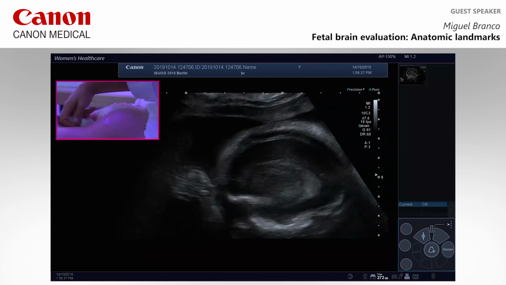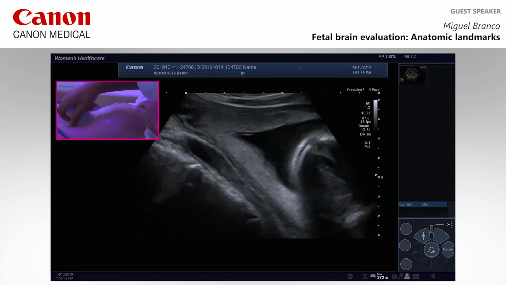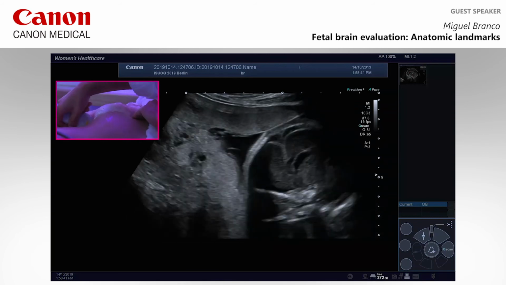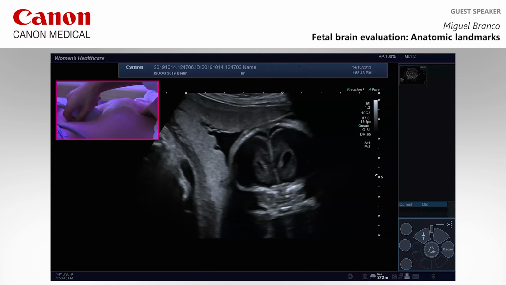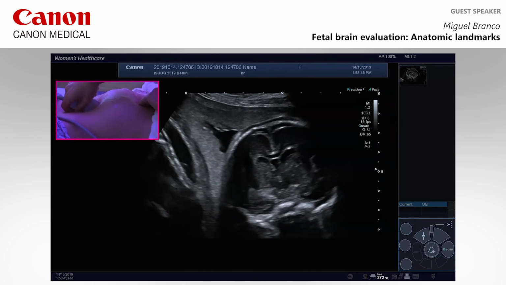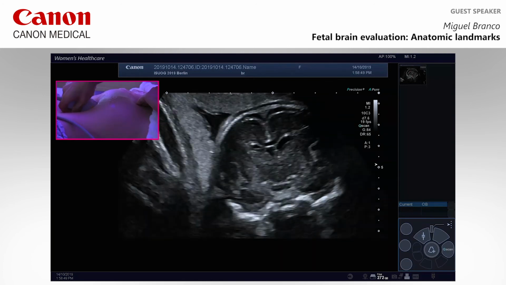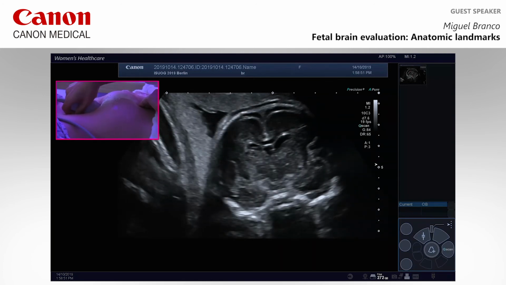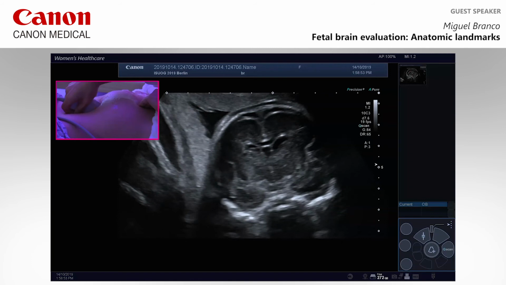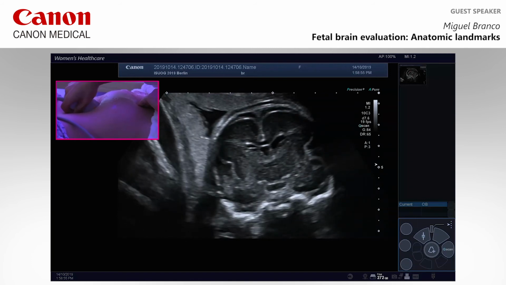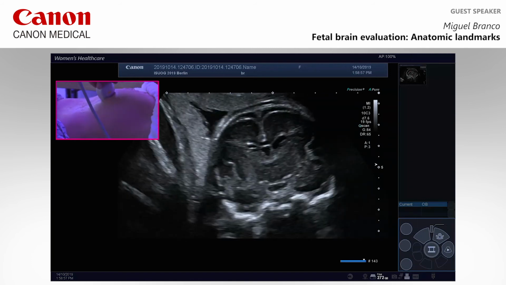Can you show optic nerves and chiasm? We'll try. It's easier to see in the third trimester, but it's between here and here.